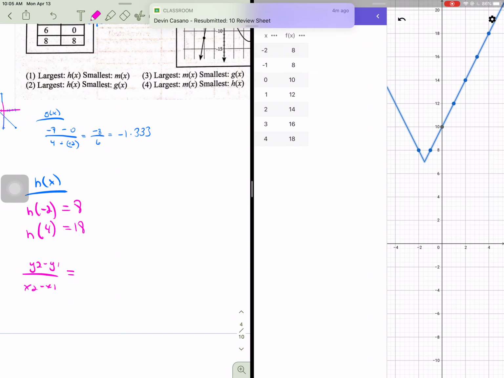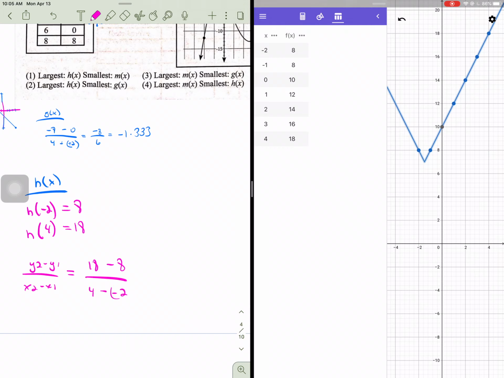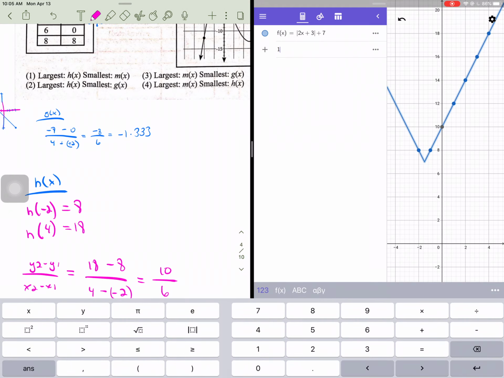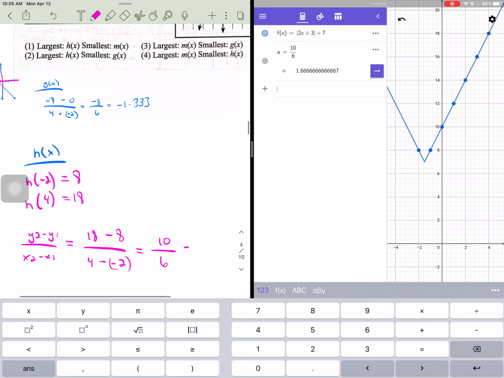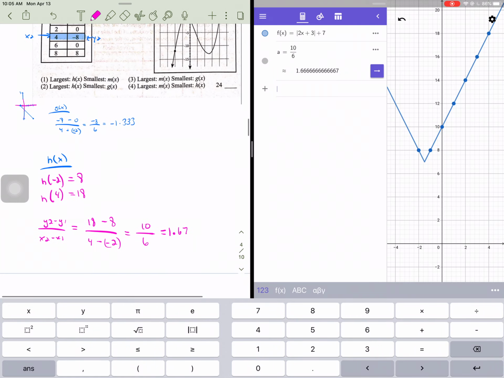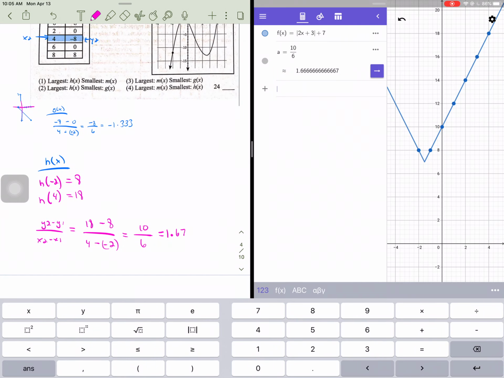So we get 18 minus 8, and 4 minus -2. So you get 10 over 6. 4 minus -2 is 4 plus 2. And what is 10 over 6? 1.66666, so let's put 1.67, approximately. So it's already bigger than g of x.